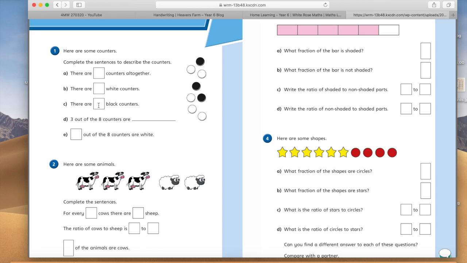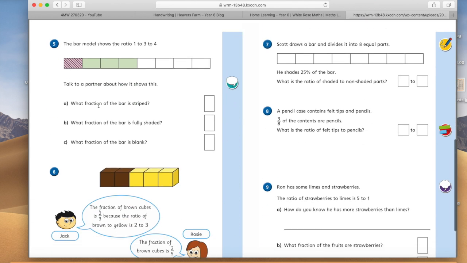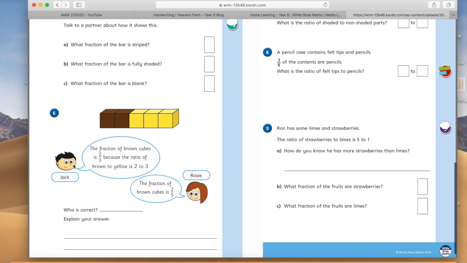Essentially what it's trying to do is to get you to think a little bit like we did about the smoothies, to say, well, although there are only 3 black counters, if I'm talking about a fraction of how many counters are black or white, I need to look at all of the counters, which will be the bottom number of my fraction. So have a go at working through those problems. This one's quite an interesting one, number 6.